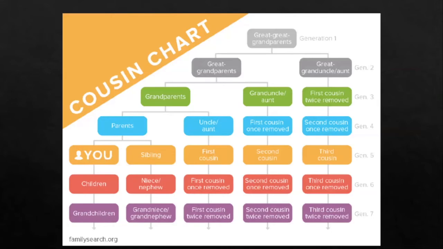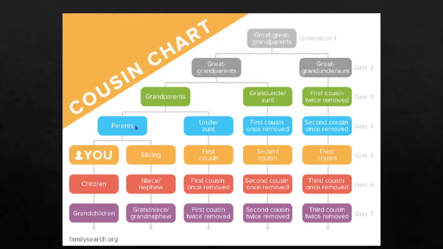If the most recent common ancestor that you share with someone is a grandparent, but the other person is of a different generation, then that's where the removed starts. So your first cousin has a child, that's a different generation than you, so they're your first cousin once removed.